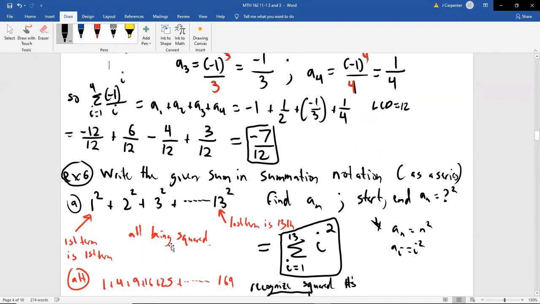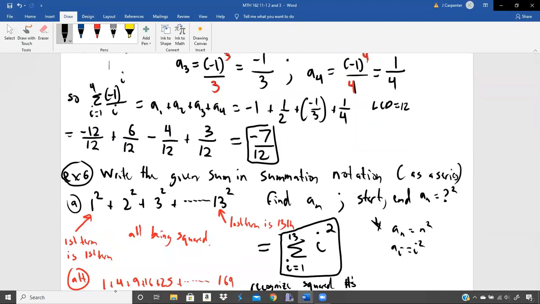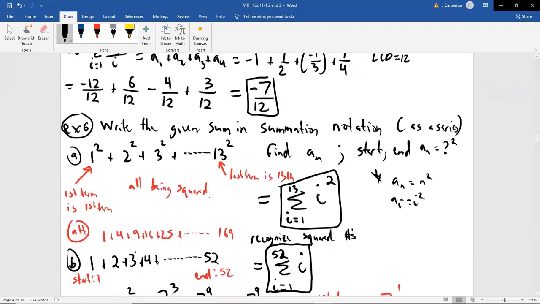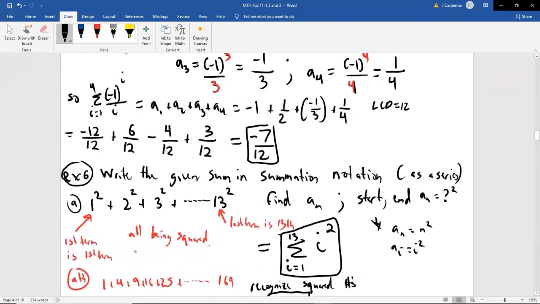It might be a good idea for you to know your cube numbers, 1, 8, 27, 64, 125, et cetera, but everyone should know their squared numbers. We've seen these 10 billion times in math classes. So you have to recognize that that's 1 squared, 2 squared, 3 squared, 4 squared, 5 squared, all the way up to 13 squared, and then you can get your answer that way.